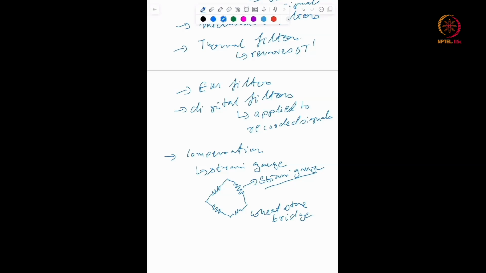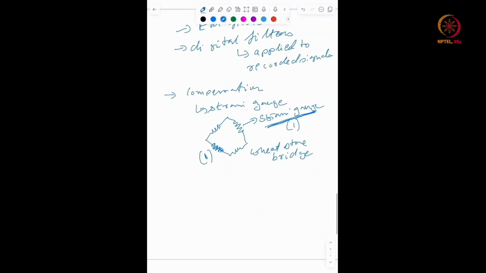And you connect an identical strain gauge in another leg. So if this is strain gauge 1, you apply another strain gauge into another leg of the Wheatstone bridge. So this actually acts as a compensation. So you eliminate this effect by using compensation. This makes the circuit balanced. From that you can know what the fluctuation is.